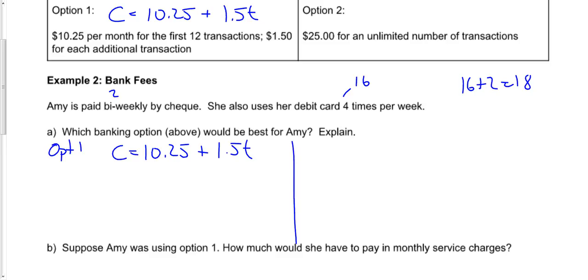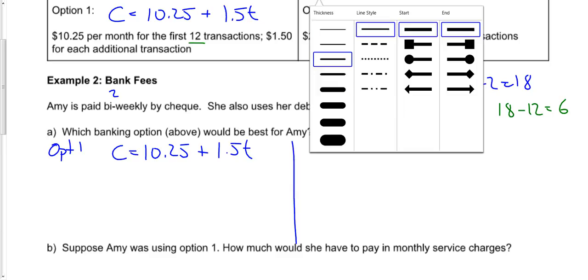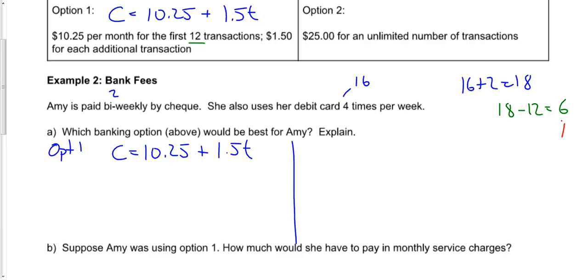Okay, but we know that in option 1, the first 12 transactions are free. So if I do 18 minus 12, it's going to leave me with 6 transactions that need to be accounted for. Okay, so these 6 transactions are extra transactions.